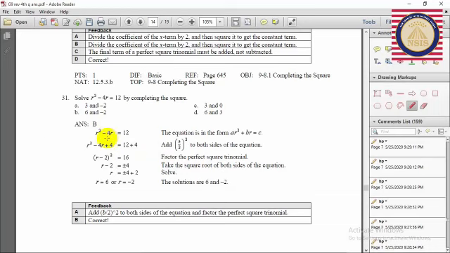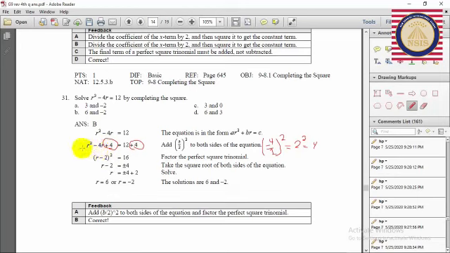So negative 4 over 2 all power 2. So it will be 2 power 2, which is 4. I'm going to add it to both sides. Here plus 4 and here plus 4. Okay? So this will be a perfect square trinomial.